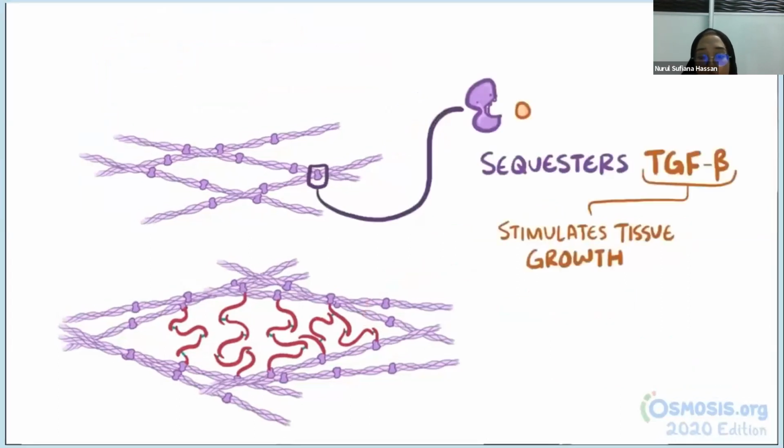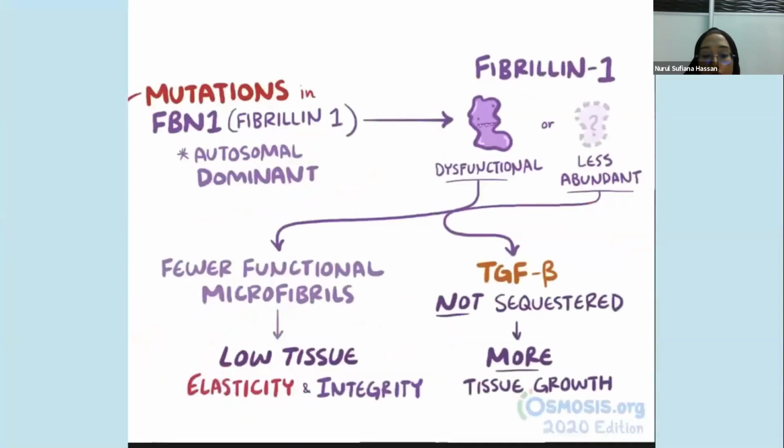Other than being part of microfibrils, fibrillin can also regulate tissue growth. Fibrillin removes TGF-beta, which stimulates tissue growth. Hence, the presence of fibrillin will lower the amount of TGF-beta available to stimulate tissue growth. So in Marfan syndrome, fibrillin is either dysfunctional or less abundant as a result of mutation. This leads to fewer functional microfibrils, so less tissue elasticity and tissue integrity.